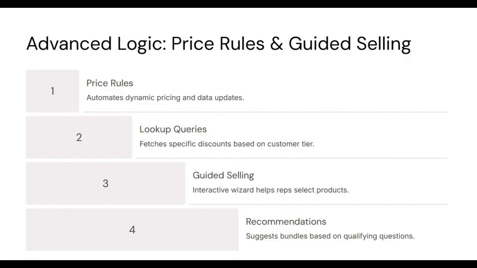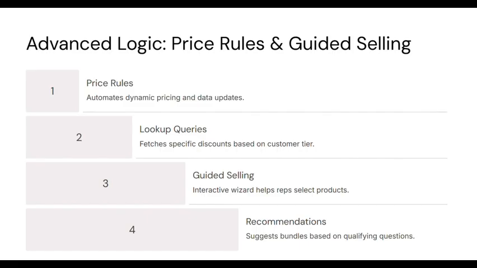Next we have some advanced logic: pricing rules and guided selling. Now let's move into some advanced and intelligent capabilities inside CPQ that really make it powerful, especially for handling dynamic pricing and product selection. Let's start with price rules.